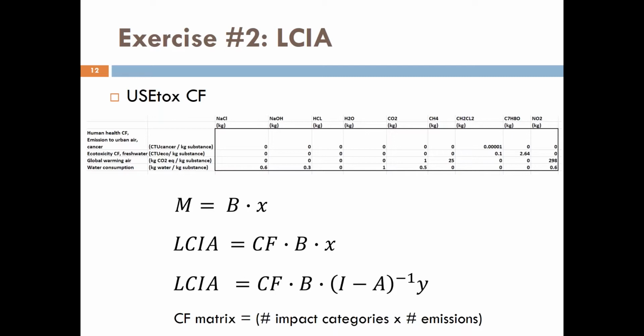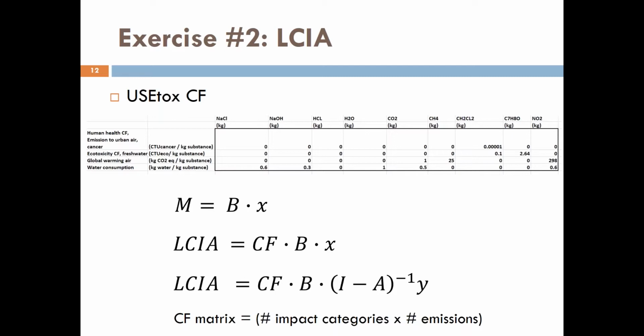So in this example, what we have is that, well, NaCl, NaOH, and HCl, these are the elementary flows, and these rows show the respective environmental impact relative to each other. So in this particular case, it seems that we didn't put any human health impact for the urban air emissions for cancer.